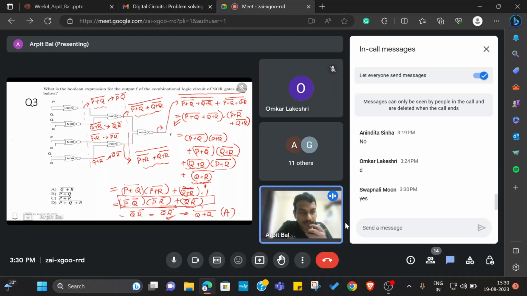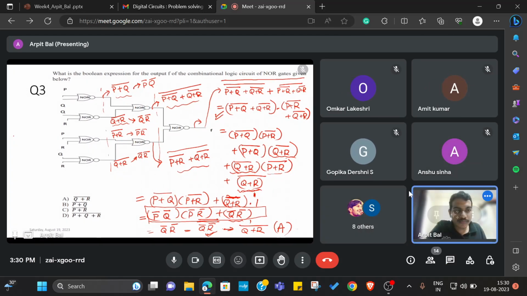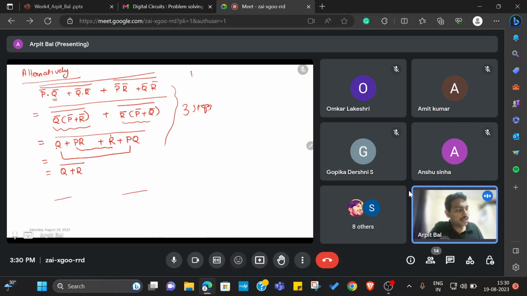So can you type out your doubt in the chat box itself? Okay, is this method clear for everyone? The first method that we did and the second method that we did.